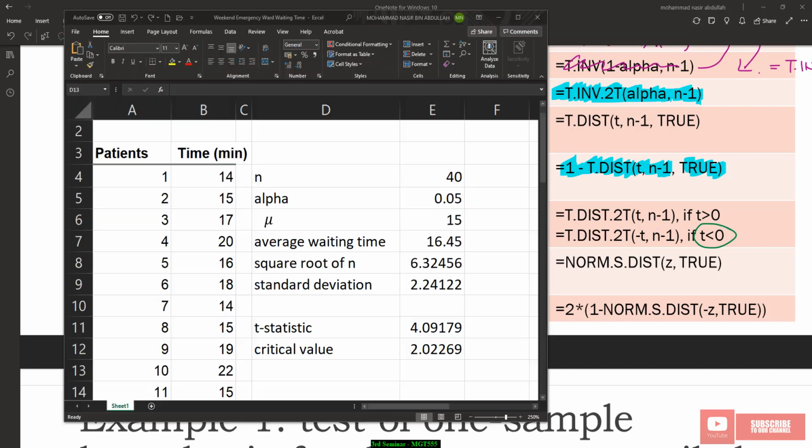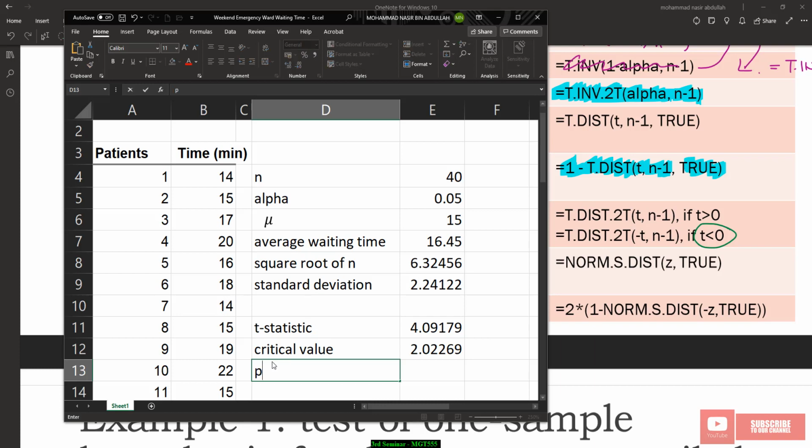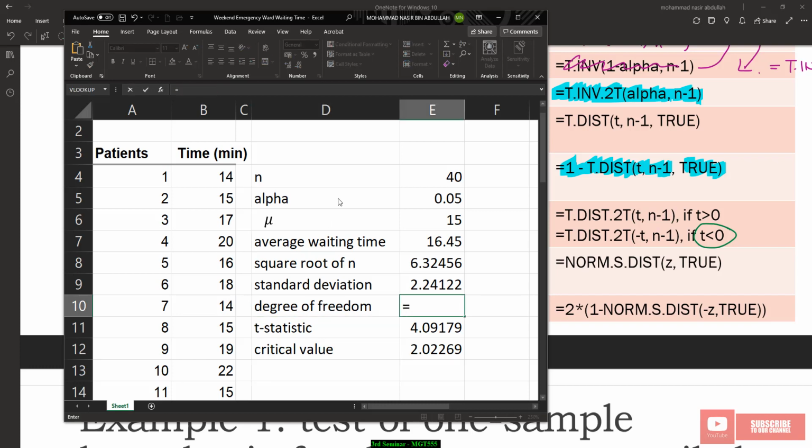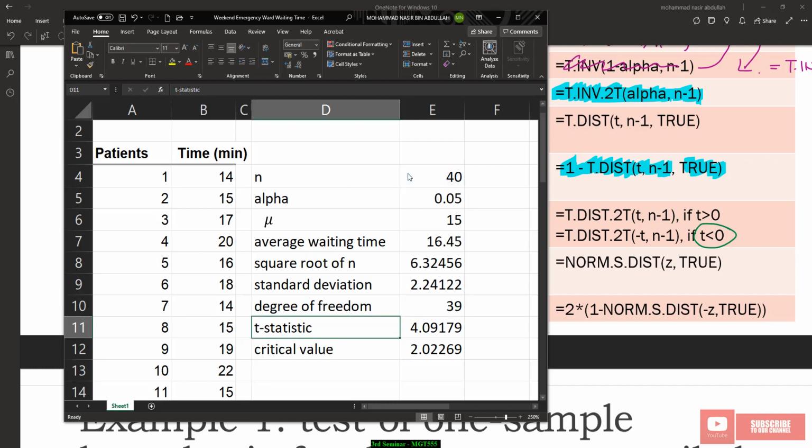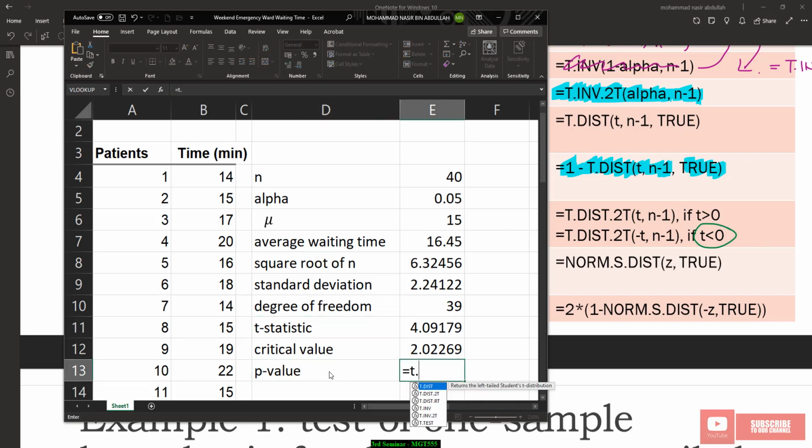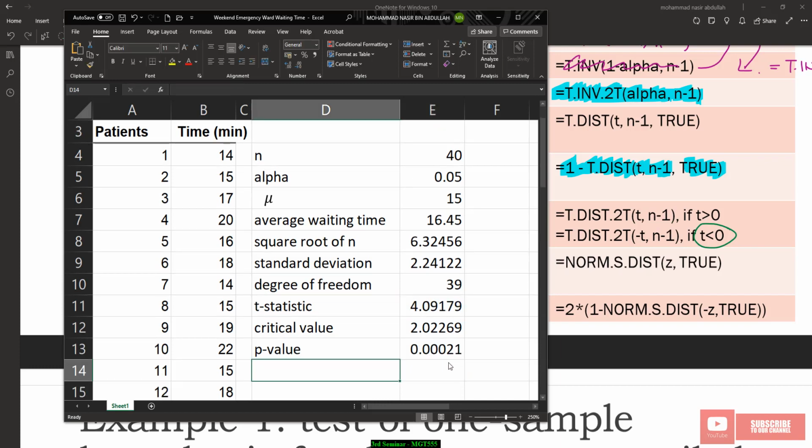So since our t is more than 0, we are going to use the first formula for the p-value. Before that, I put the degree of freedom here. Degree of freedom is n minus 1. Right? So the p-value will be T.DIST, and we take the two-tailed test. And then we input the t statistic and our degree of freedom. So then we will get 0.0021.